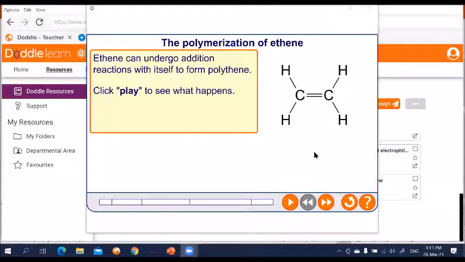Just a second. Okay, here we go. Let's look at polymerization again with the full animation.